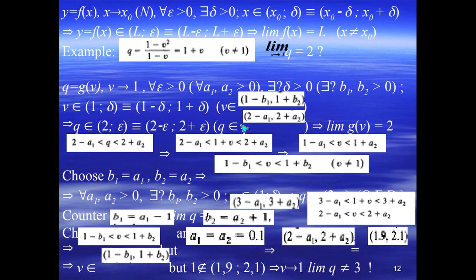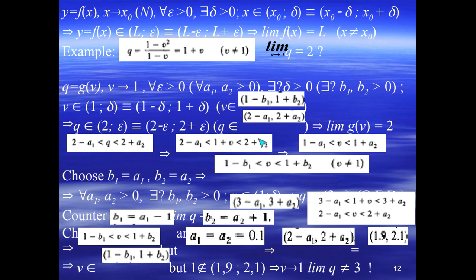Or as the book says, does q belong to the interval (2 minus a1, 2 plus a2)? If so, then the limit of g(v) when v goes to 1 is 2. That's what it says. So let's see if this is true.